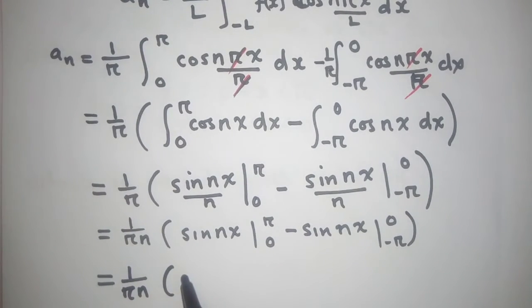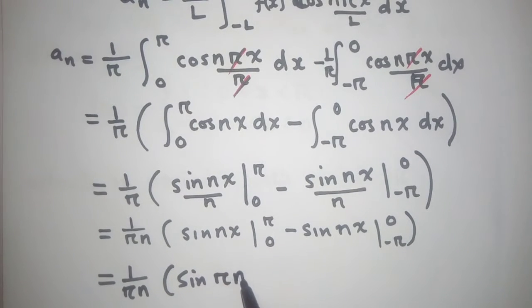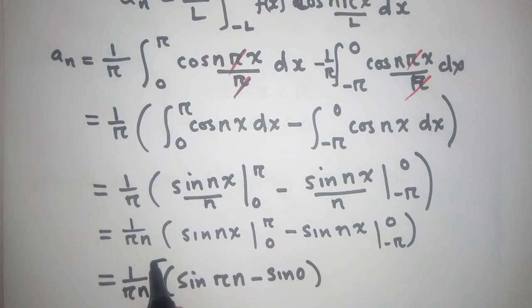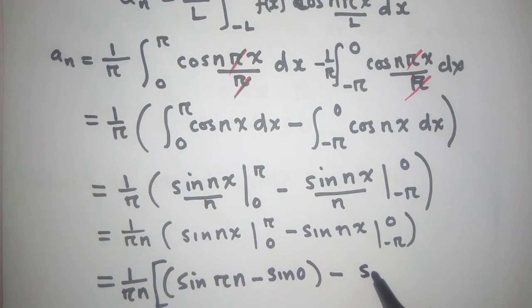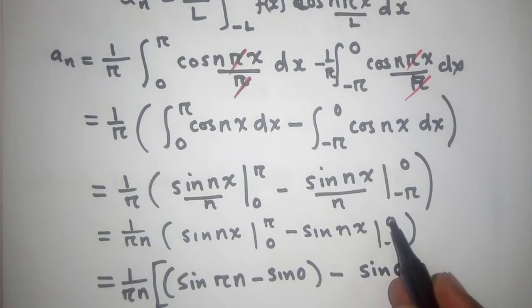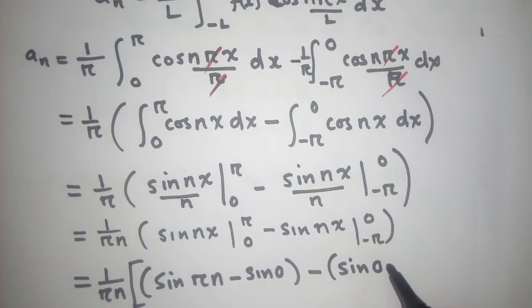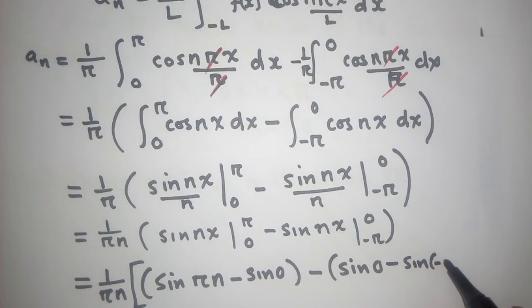When we plug in the limits, we have sine(pi n), if we put pi here, minus, we put a 0 where x is, it will be sine 0, minus, here if we put a 0 it will be sine 0, minus sine of negative pi n.